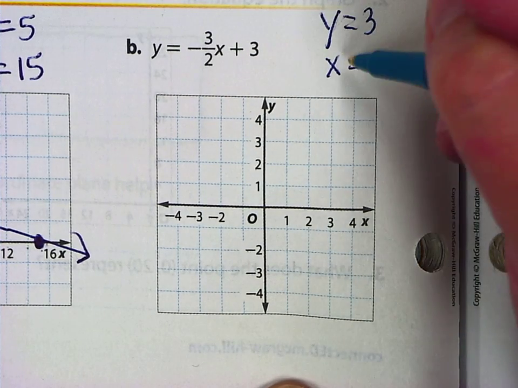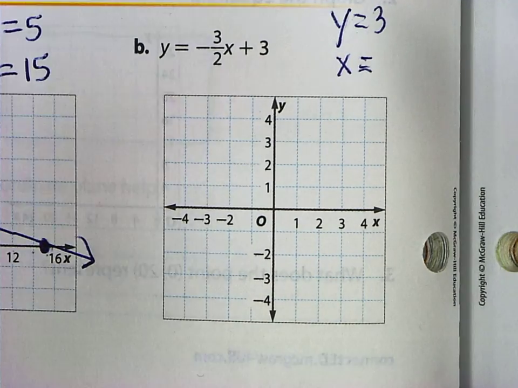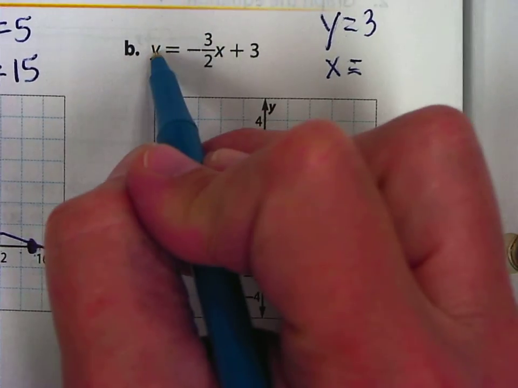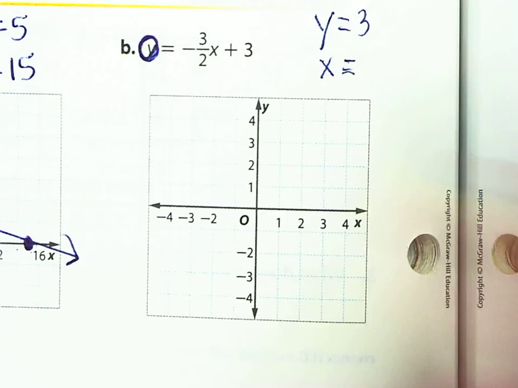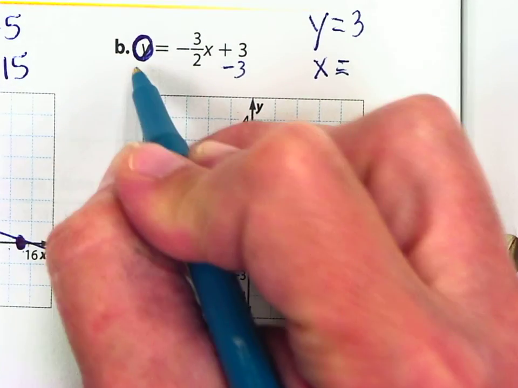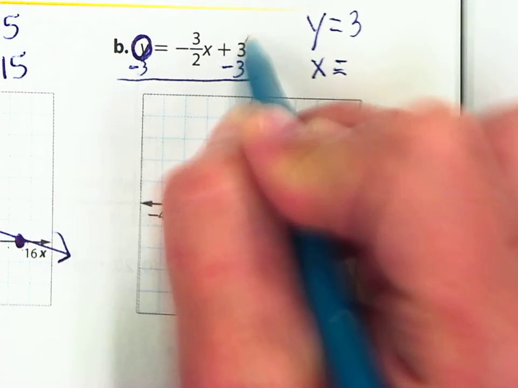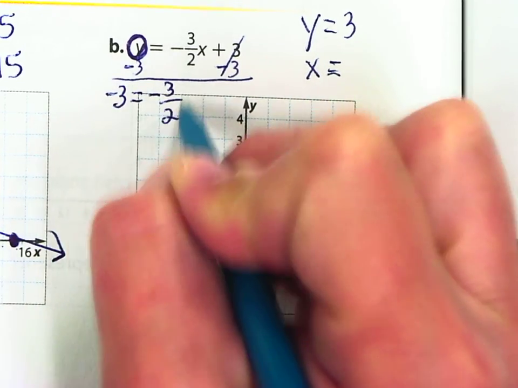Again, remember, if you're finding your x-intercept, you're plugging in 0 for the y. So I'm going to make that 0. Before I can divide, I've got to move this 3 to the other side by subtracting it. So I have negative 3 equals negative 3 halves x.